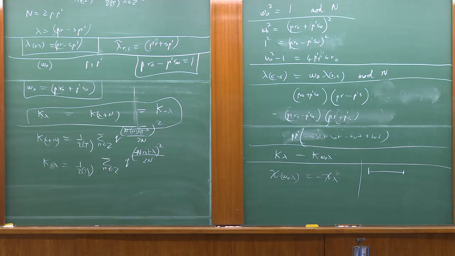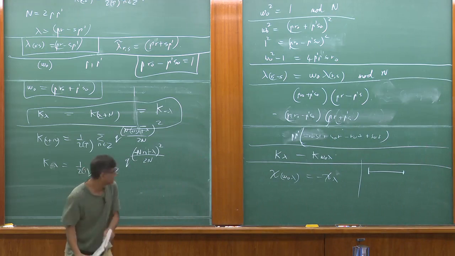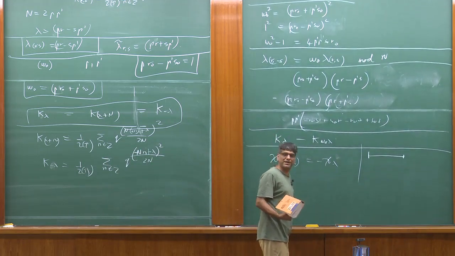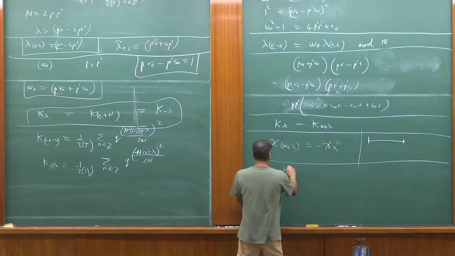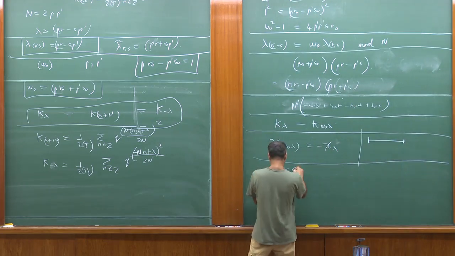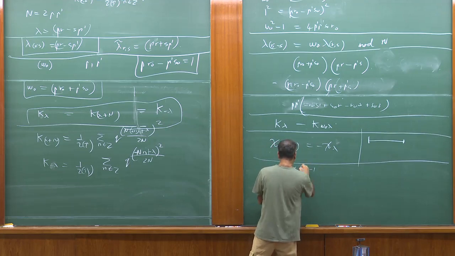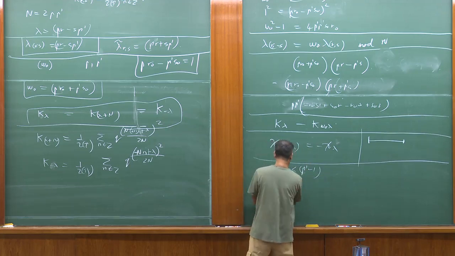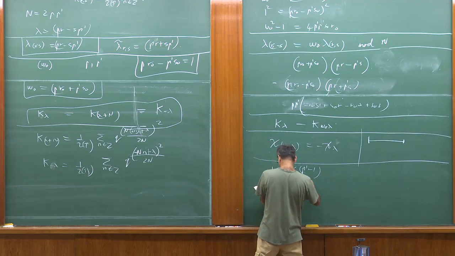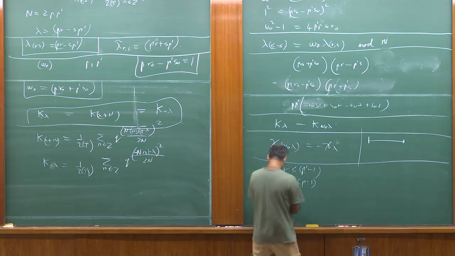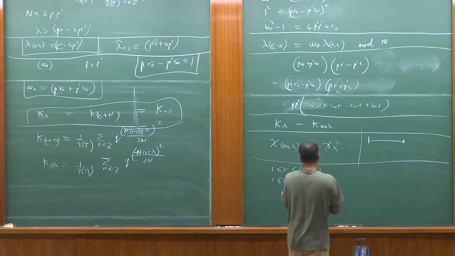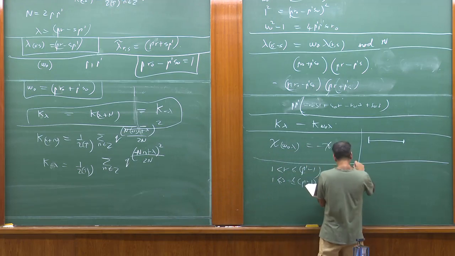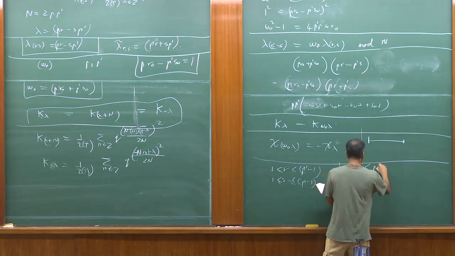When we wrote down the set of independent characters, when we worked it out last semester, our characters were parameterized by R, which went from 1 to P minus 1, and S, which went from 1 to P prime minus 1, with the restriction that P prime S is less than PR.